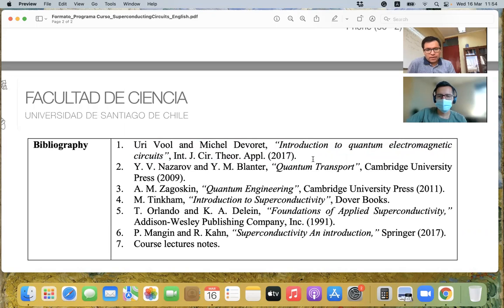Indeed, in the past, Michel Devoret had a course that he gave at the famous Les Houches lectures, where he introduces the famous spanning tree.